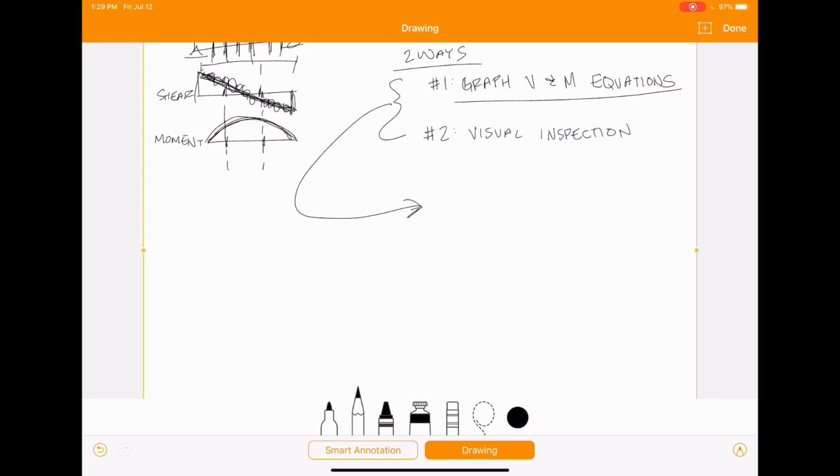As per all of our problems in statics, our first step is always going to be to draw your free body diagram. And then you're going to write your equations of equilibrium and solve for your reactions.